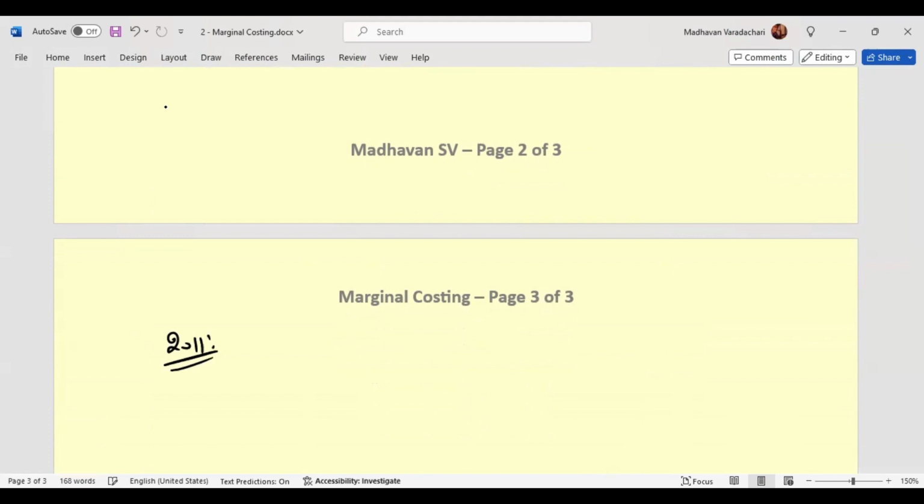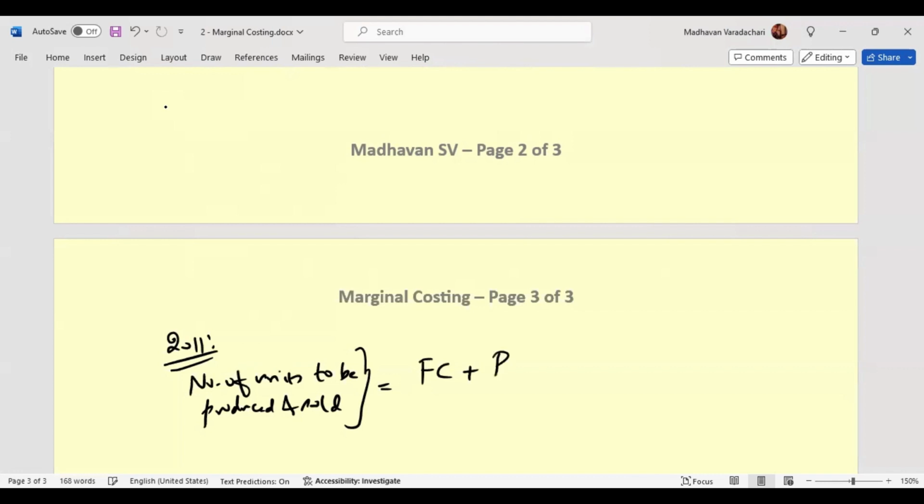We are supposed to find the number of units to be produced and sold to have the same profit, which means it is fixed cost plus profit divided by contribution per unit.